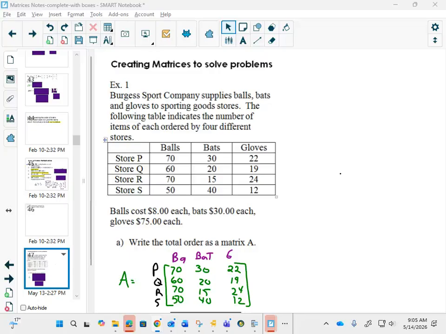I was going to use B for balls, but then bat started with B. So I used BA for balls, and then bat starts with BA, so I ended up having to write the whole word bat out. But usually I just use a single letter, just to quickly remind myself what it is.